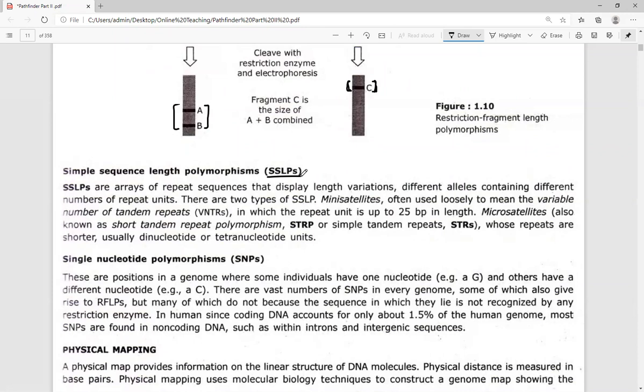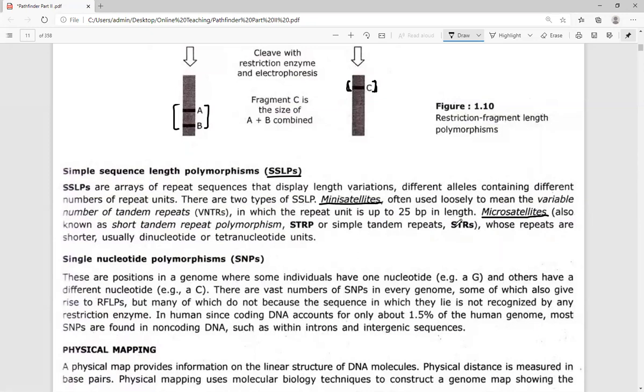The two different types include the minisatellites as well as the microsatellites. Minisatellite is often used loosely to mean the variable number tandem repeats, referred to as VNTR.